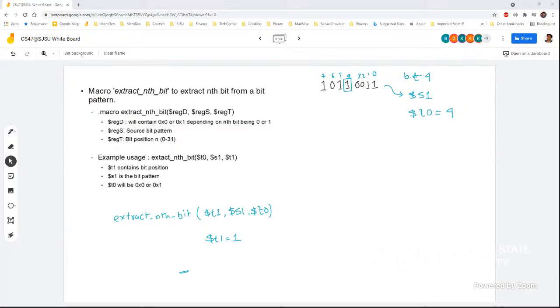Yeah, I understood that part. Okay. Now the question is, how do you implement it? We can mask it, or let me describe one simpler way to do it.